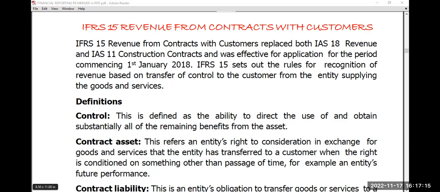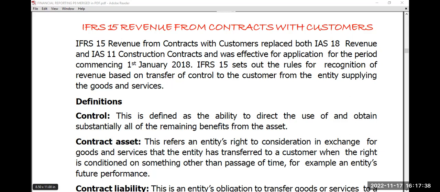One of the things we are going to talk about is some of the terminologies that have been introduced. Remember, when these standards are replacing the old standards, it means that there are certain items that are going to be introduced within the coverage or within the scope.